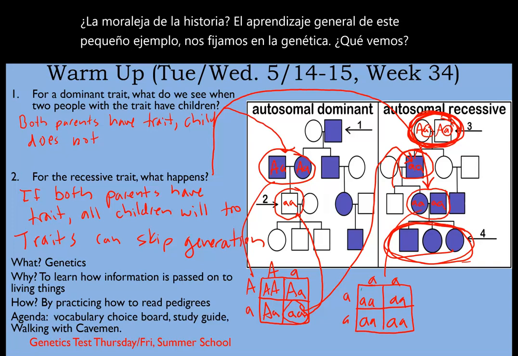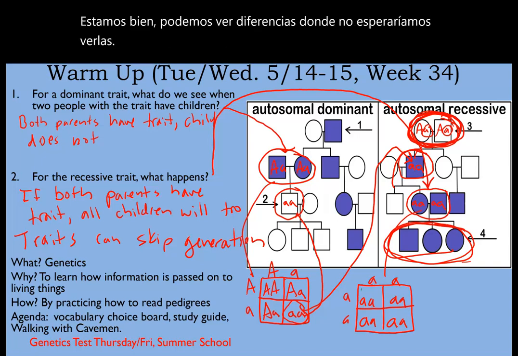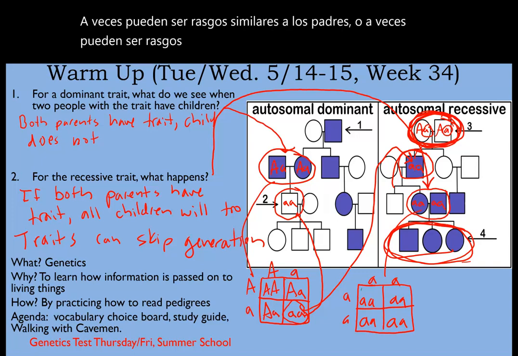We can see differences where we might not expect to see them. Sometimes they can be similar traits as the parents, or sometimes different traits from the parents, right?